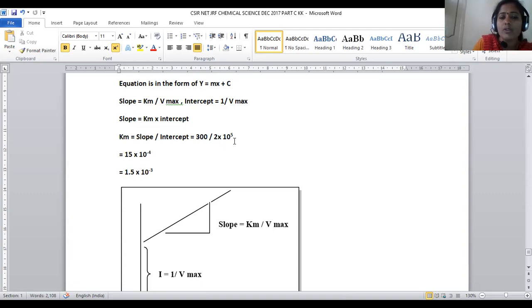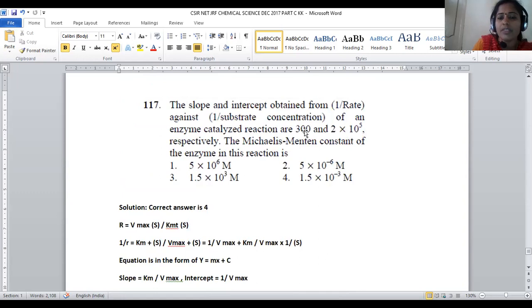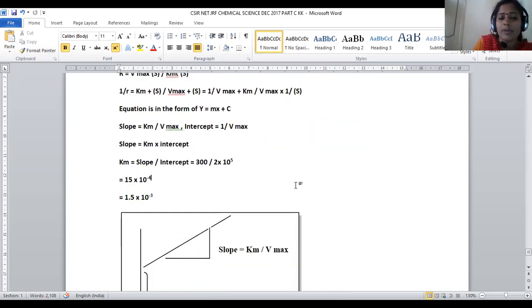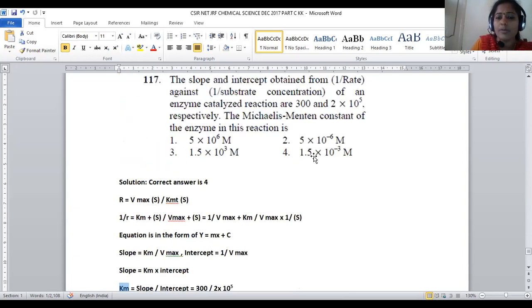That is nothing but 300 by 2 into 10 to the power 5, which is 15 into 10 to the power minus 4. That is written as 1.5 into 10 to the power minus 3, the Michaelis-Menten constant value, which is what needed to be predicted. In option number 4, we have 1.5 into 10 to the power minus 3. So for question number 117, option number 4 will be the right answer.